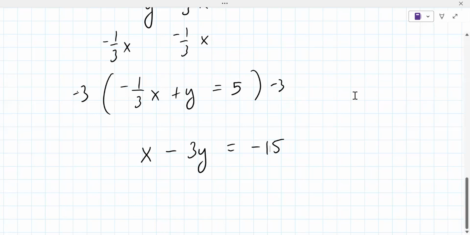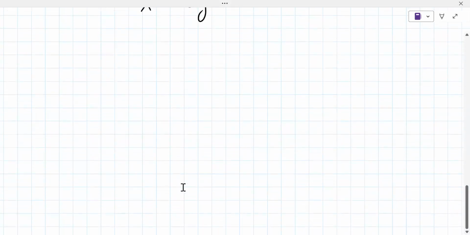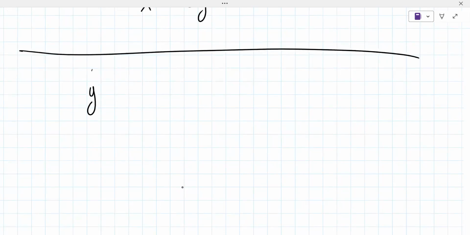All right, so let's try another one here. Let's go y plus 1 equals 1/2 x minus 4.